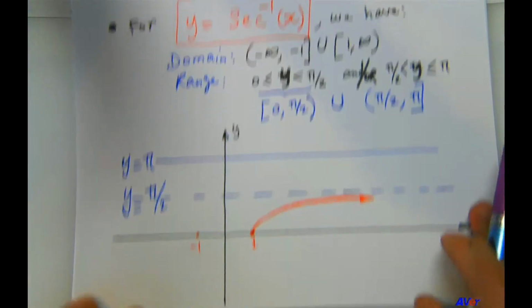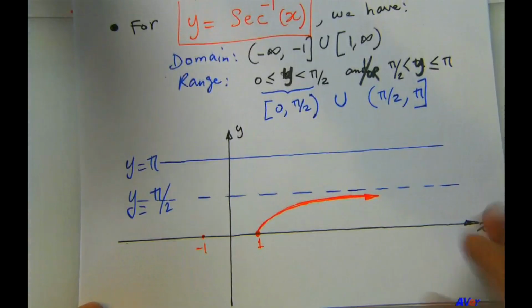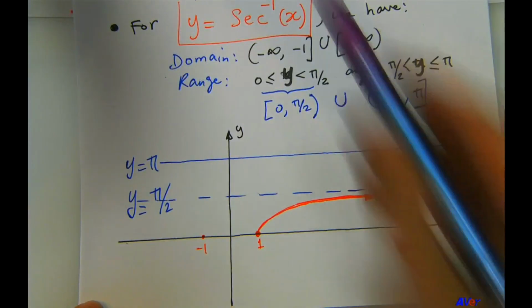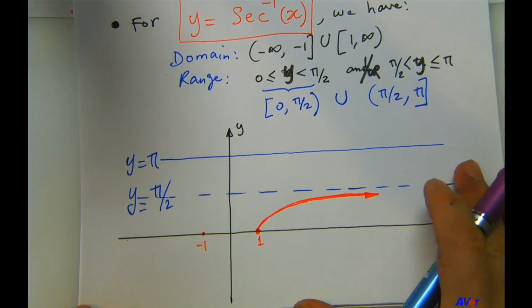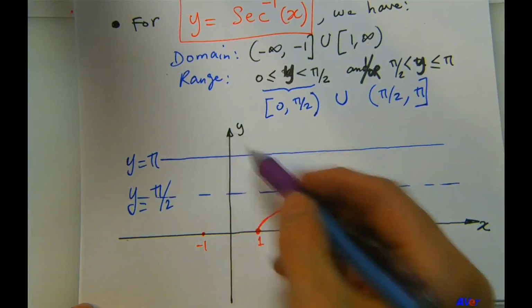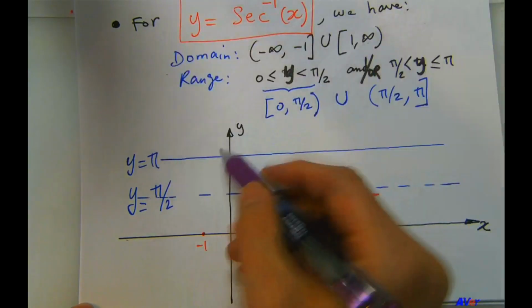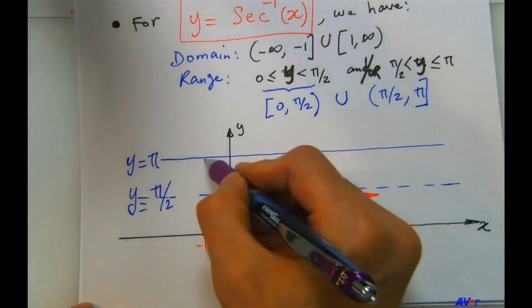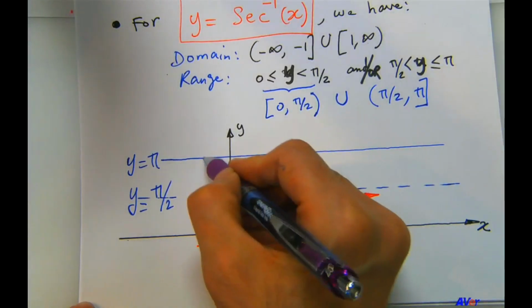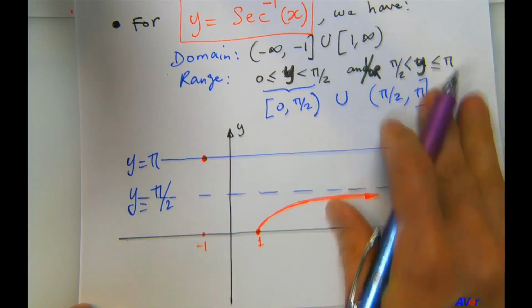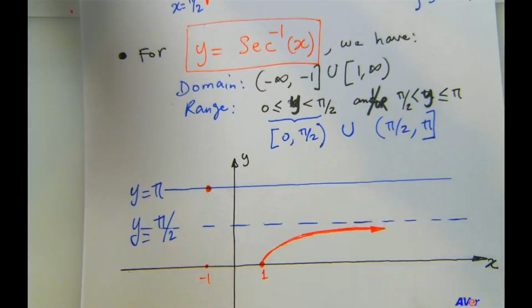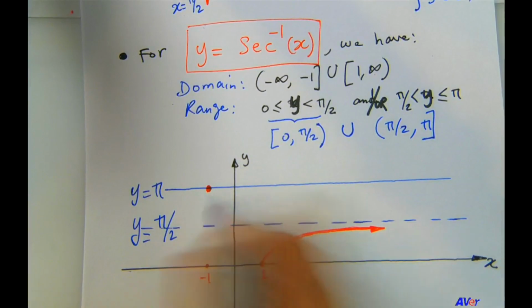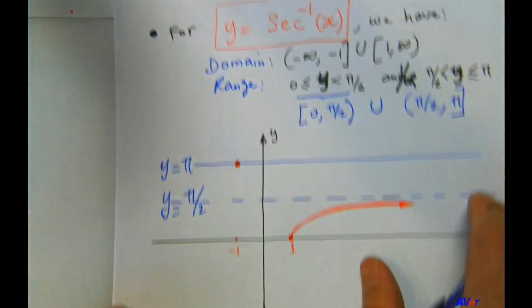And this is secant. You know how the graph of secant works. The curves go in the opposite direction. For the inverse, it's the same way. So then we have at -1 to infinity, this will be approaching the pi over 2 line from this side.